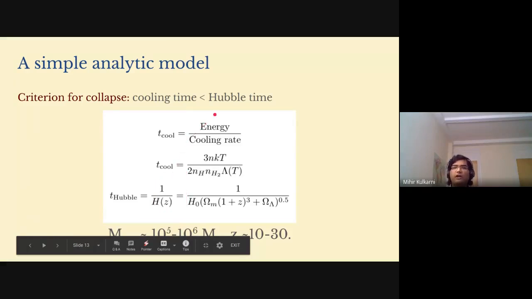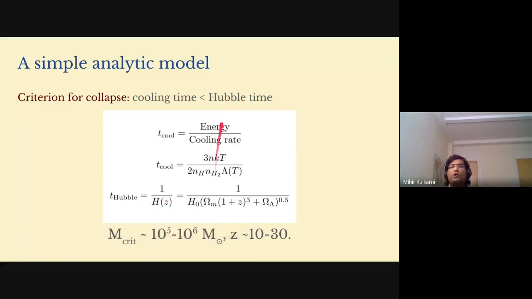Or you can also define a time scale for gravitational collapse for a given density, which is very similar to this Hubble time. And we can define the criterion for collapse as that the cooling time should be shorter than the Hubble time. So the gas should be able to cool efficiently and cool to very high densities, and then it can form stars.